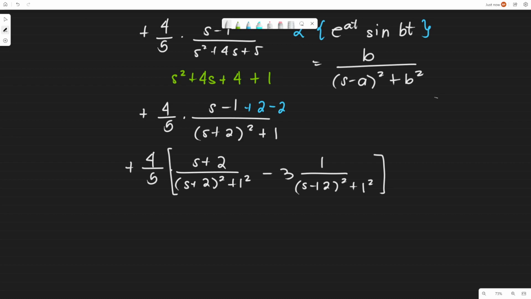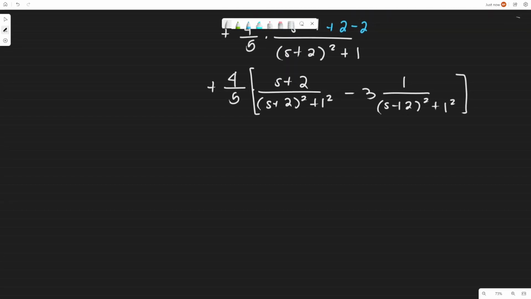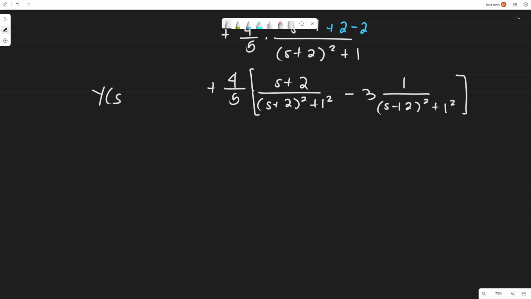So, we have y of s is equal to 1 over 5 times 1 over s. Now, we can do inverse Laplace transform.